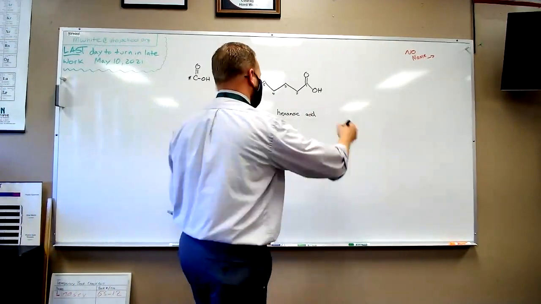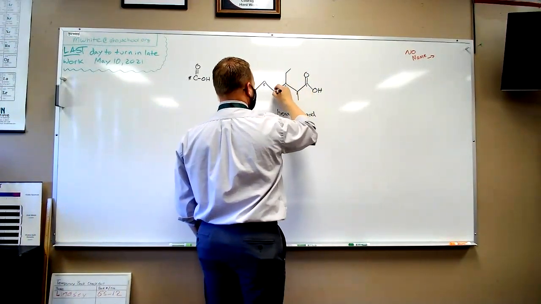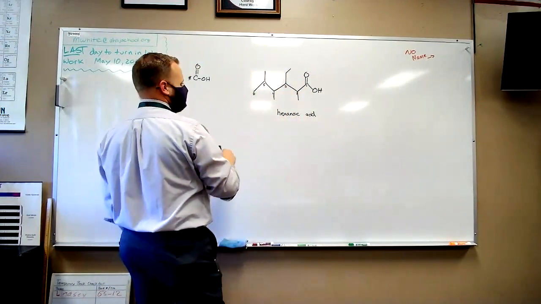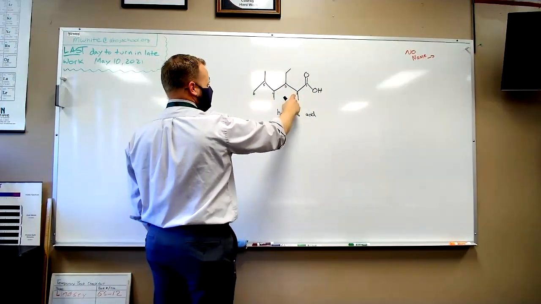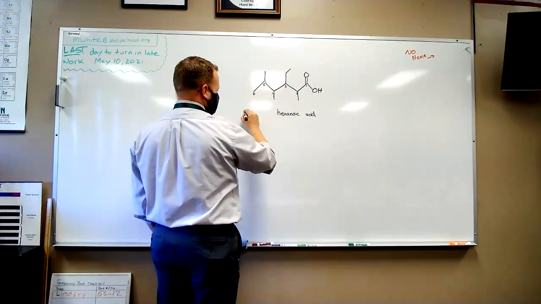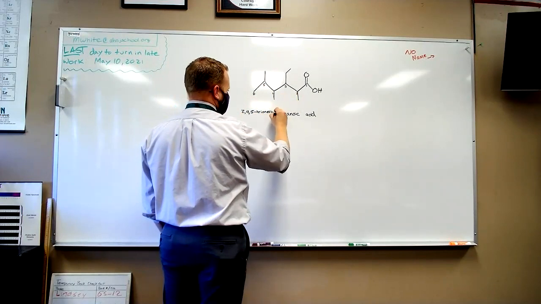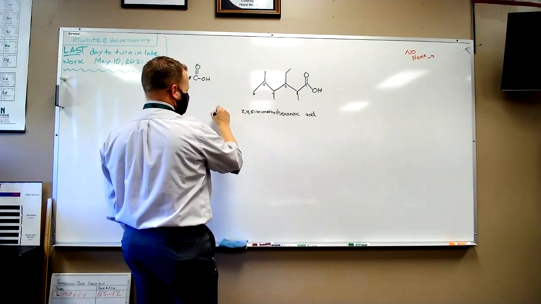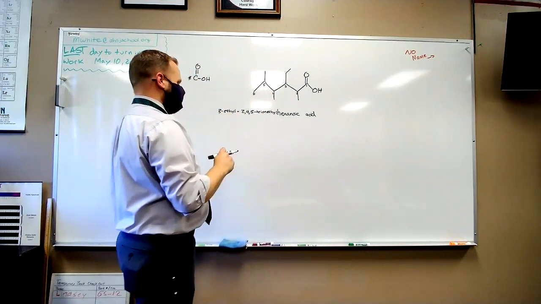Branching, again, works just the same. So we have methyl, methyl, methyl. So we have 2, 4, 5. Trimethyl. 3-ethyl.